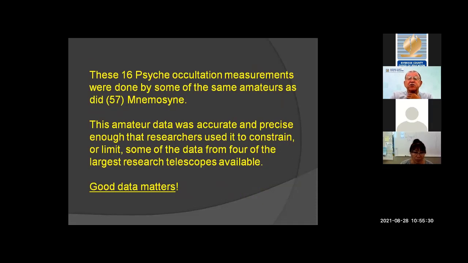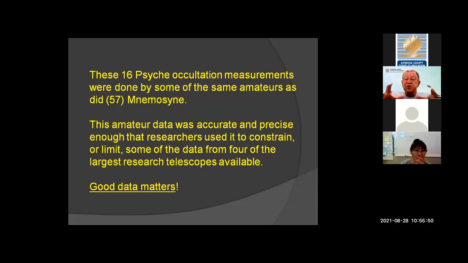The occultations were done by pretty much the same amateurs as did 57 Dembowska. It was being done because they're going to visit this thing. So the amateur data was accurate and precise enough that the researchers used it to constrain some of the data from the 4 largest research telescopes available.